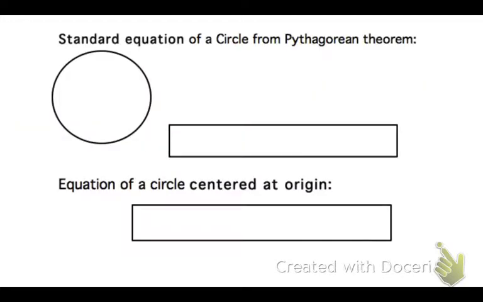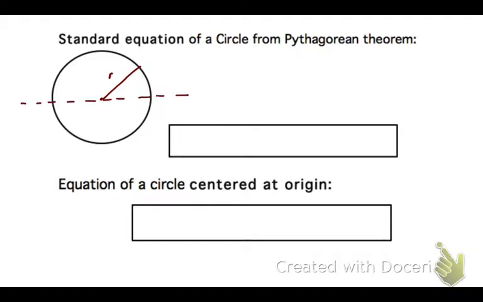Much easier. So the standard equation of a circle starts with Pythagorean theorem. And again, we think about this circle as having a center point in the middle, and then our radius. And we said that we can put every circle on a coordinate plane.